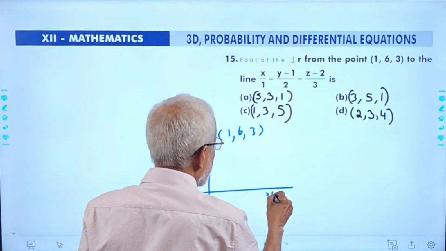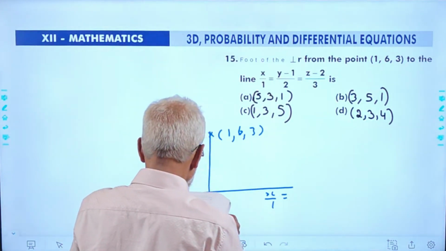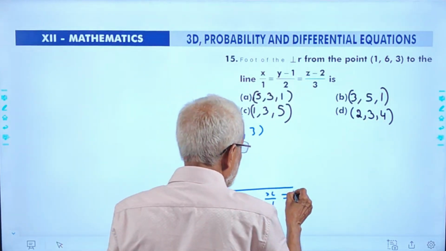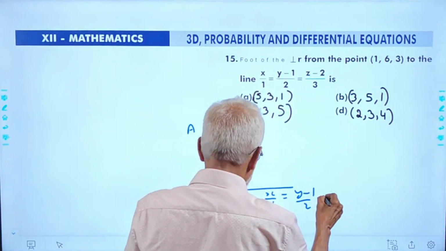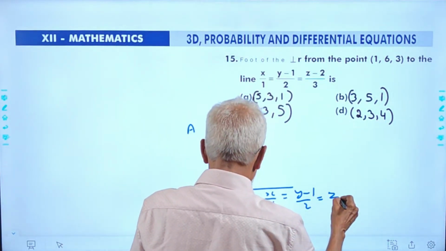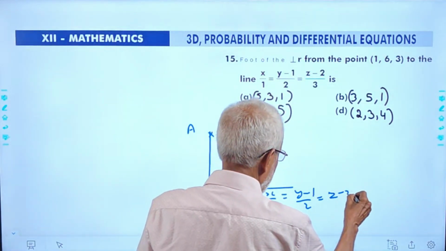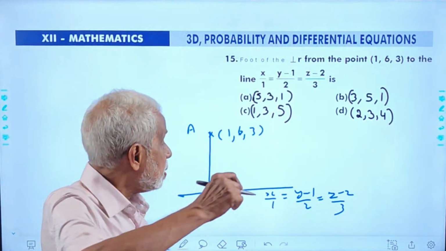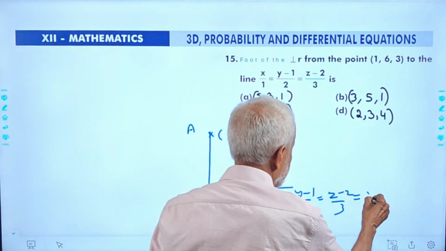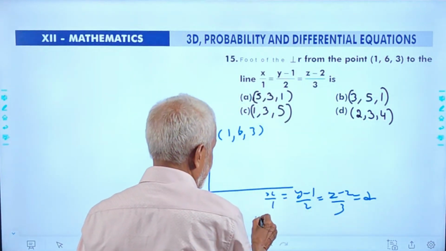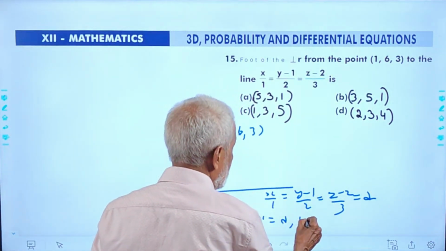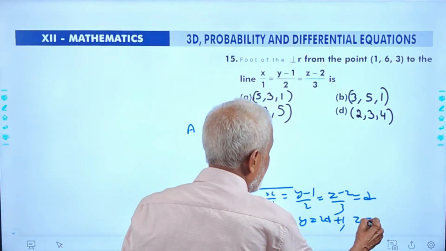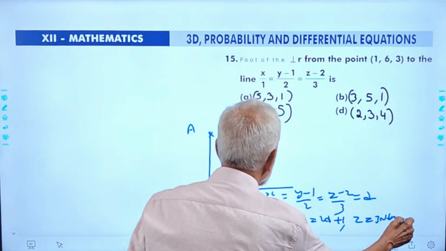The given line is x by 1 equals y minus 1 by 2 equals z minus 2 by 3 equals lambda. Any point on the line is x is equal to lambda, y is equal to 2 lambda plus 1, z is equal to 3 lambda plus 2.